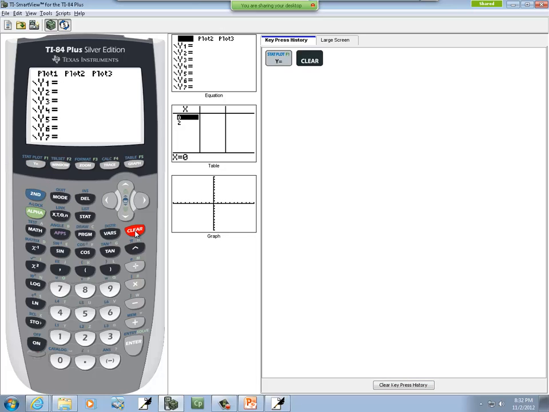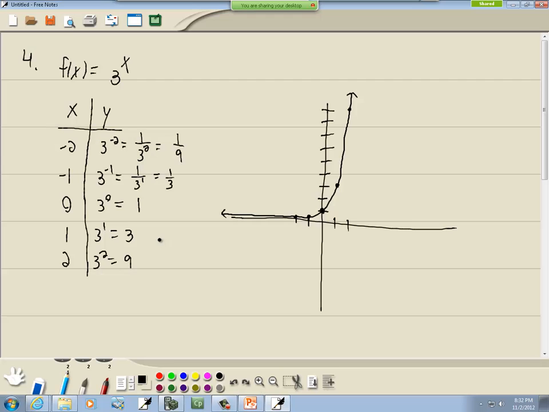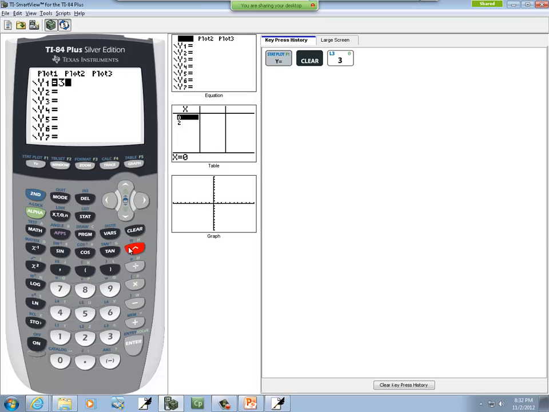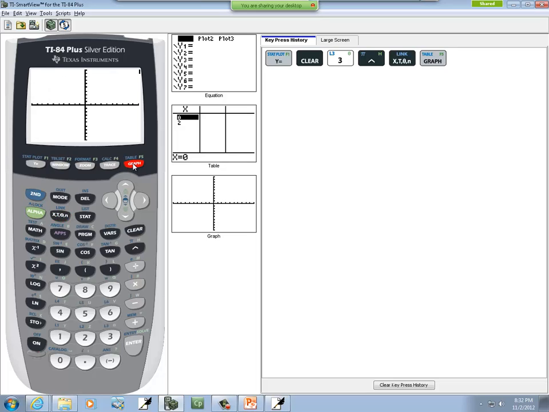Press clear to clear out whatever's not a line. And then we'll do 3 and then caret x. And then graph. And again, you have to understand about exponential graphs, how they never just stop like that, they keep going forever. It just skims the x-axis. But that would be our graph.